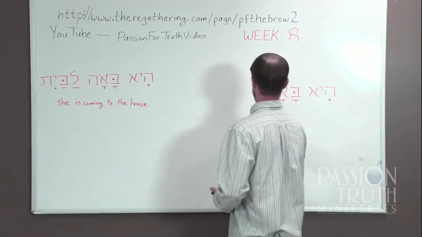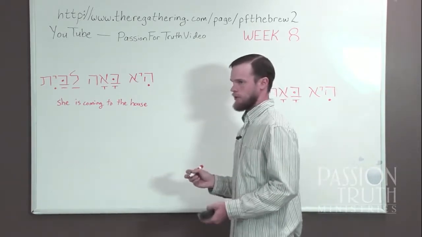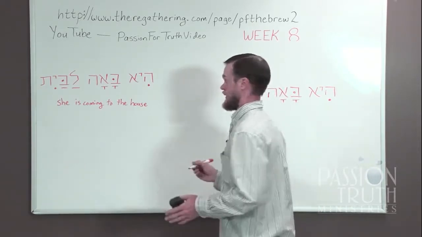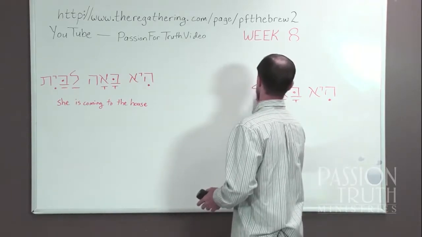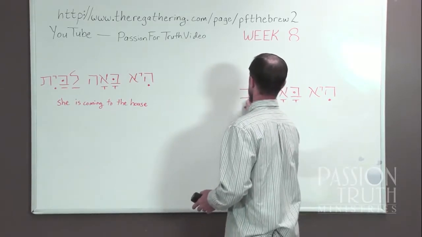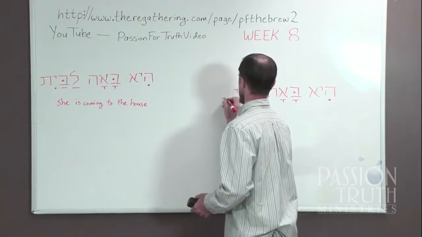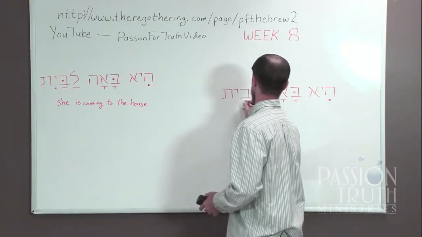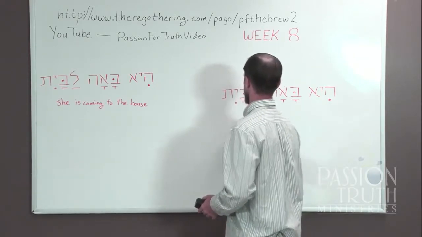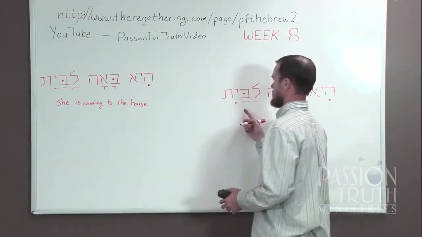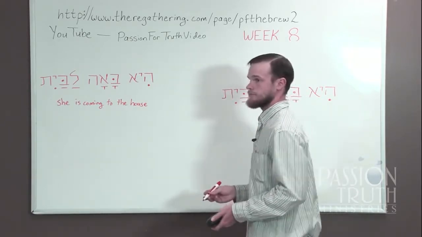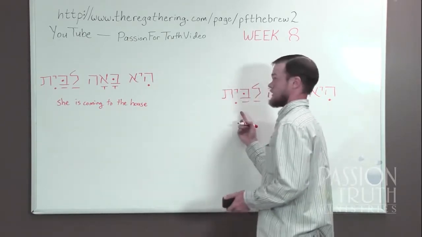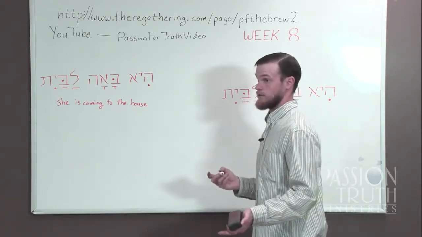So we know that the adjective has to follow the noun that it modifies, so we'll say the noun first. So we'll say she is coming to the house, just like we did before. Okay, but we want a big house, so gadol is big. Okay, bayit is masculine and singular, and gadol is masculine and singular form.